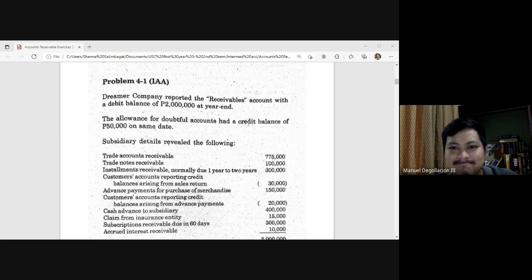Okay. It's the output that matters, class, rather than the steps that led to the amounts that you would present in your financial statements. That is important.